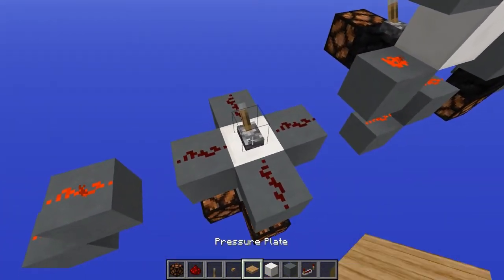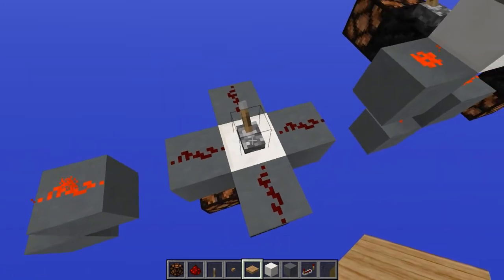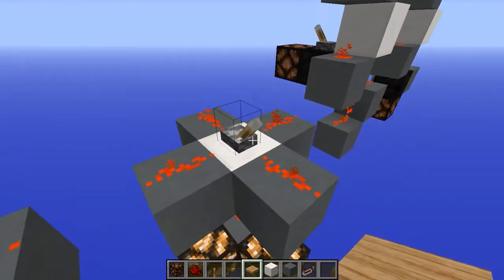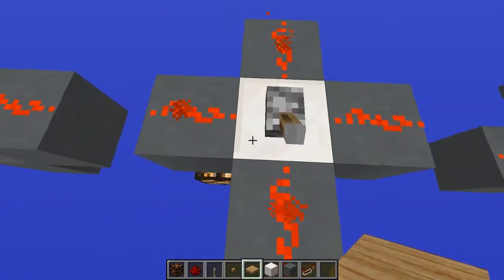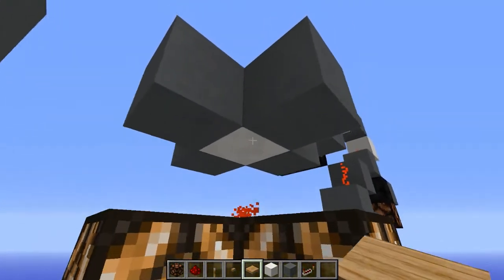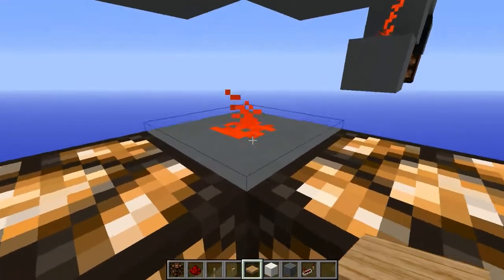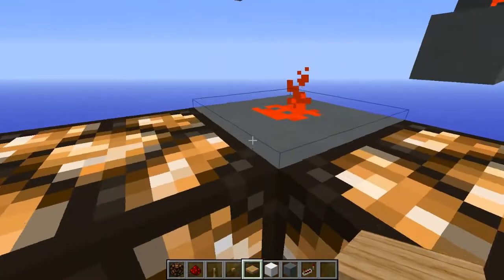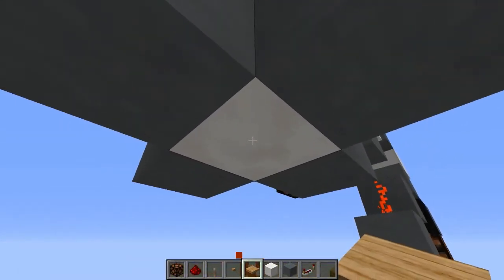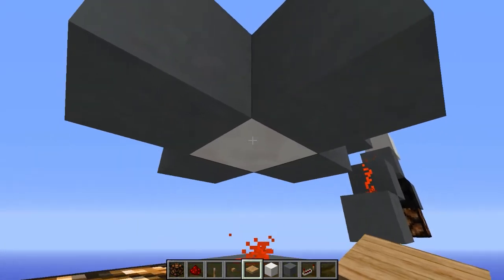So here we have the example of a lever on top of a block. Again, anytime the lever is attached to any surface of a block, it'll turn it into a source block. So through that block, it is powering the redstone. Again, the redstone consumes the whole block space, so it will technically be considered as being adjacent to this block.